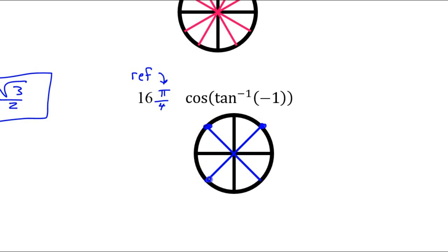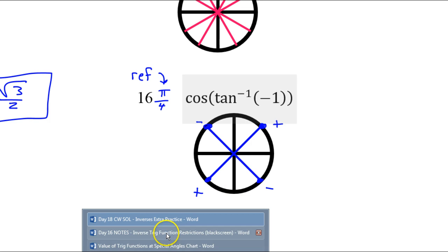All 4 of these angles have a reference angle of pi over 4. Some of these will have a tangent of 1, and some will be -1. Remember that tangent is positive in this quadrant and this quadrant, and tangent is negative in these 2 quadrants.